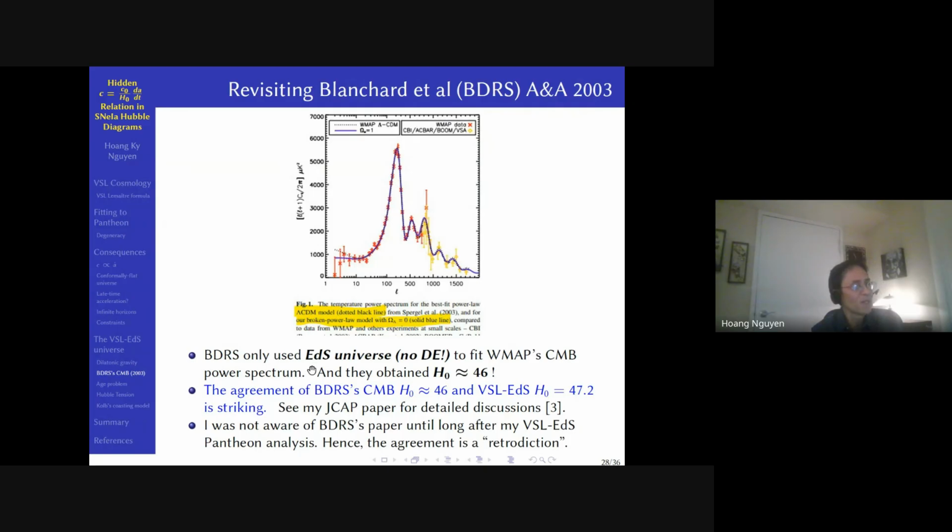So BDS only use an EDS universe with no dark energy to fit the WMAP data power spectrum. And they obtain x0 equal to 46. And now we have the near identical agreement between the BDS result for CMB and my result, 47. This is truly striking.